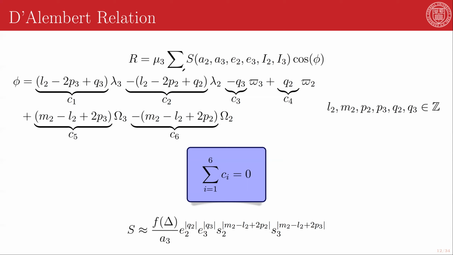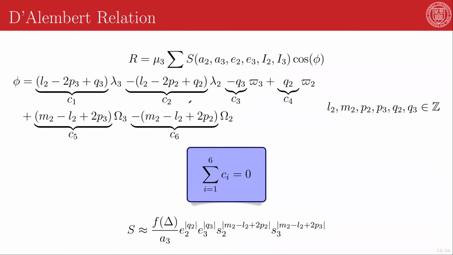From our study of the Legendre polynomial expansion of the disturbing function, we know that the disturbing function on body 2 can be written as the gravitational parameter of body 3, the external perturber, times a summation of some s values, which are functions of the semi-major axes and eccentricities and inclinations of the two bodies, times the cosine of our generalized argument phi.